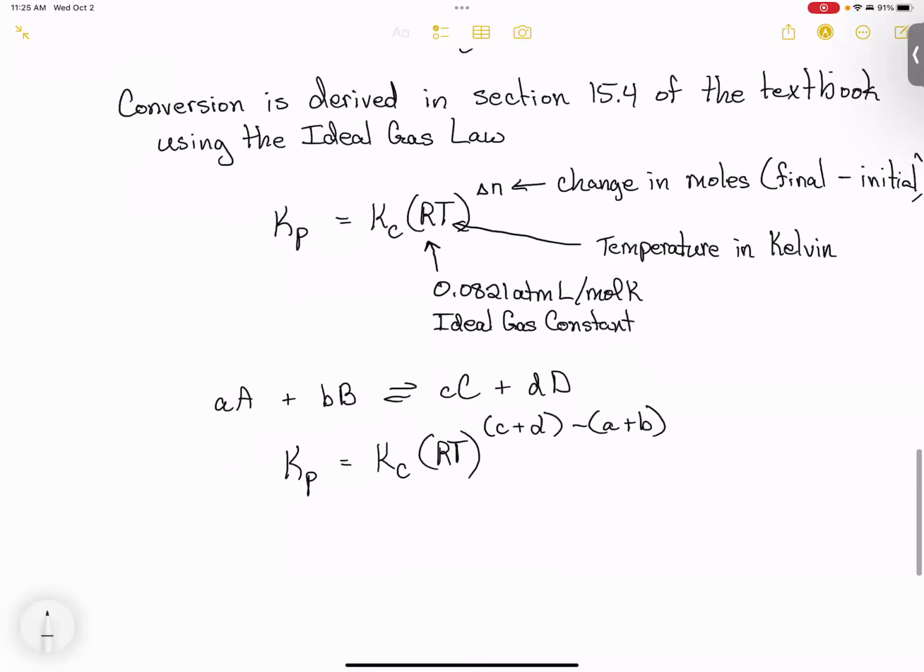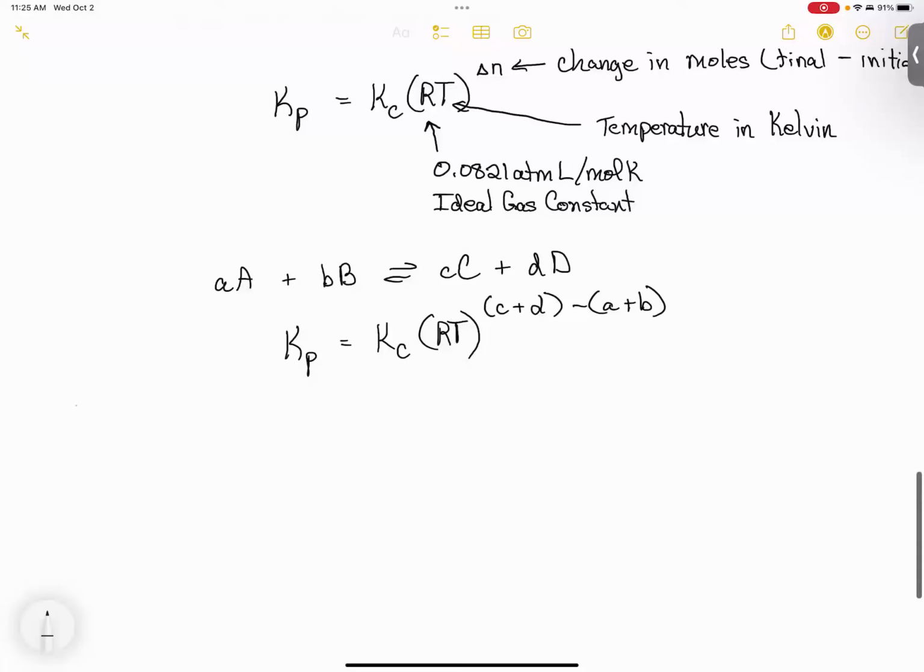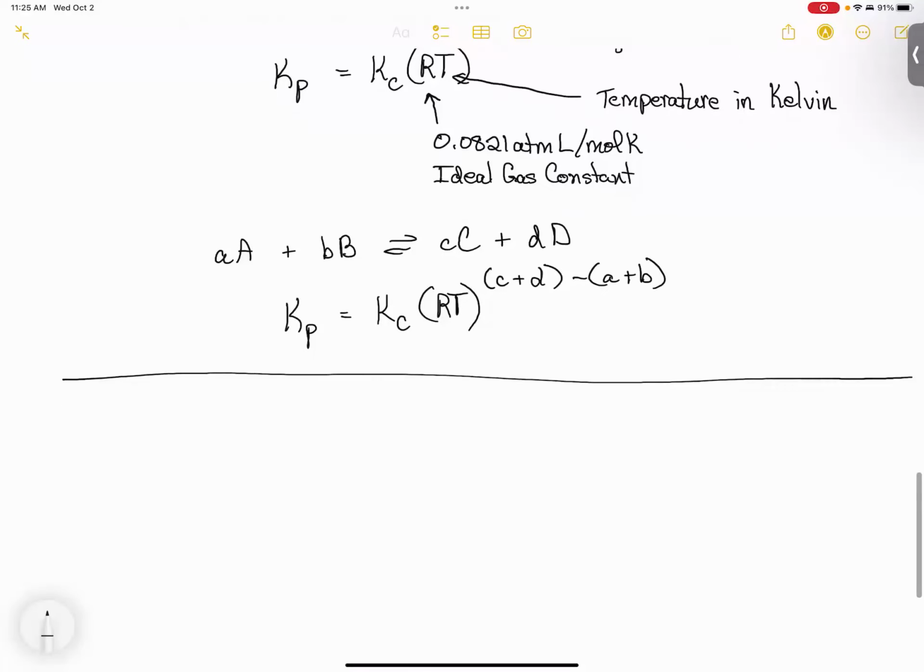Okay, let's look at an example. N2 gas reacts with 3H2 gas to form 2NH3 gas.